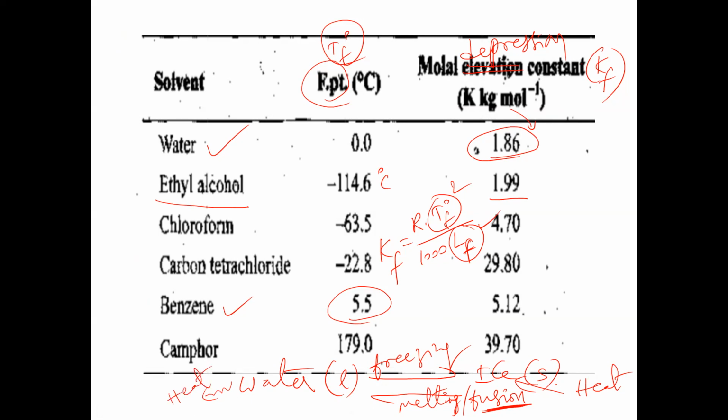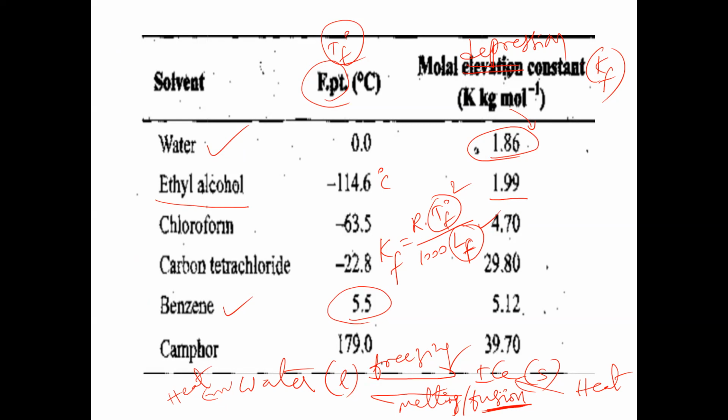So during the melting process heat is absorbed, so melting or fusion is endothermic. During the freezing process heat energy is released, so freezing is an exothermic process. Freezing is exothermic, melting is endothermic.